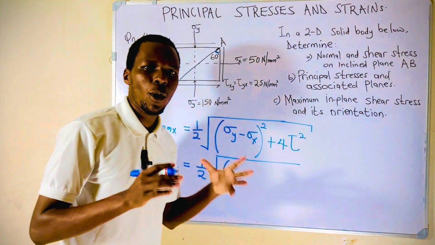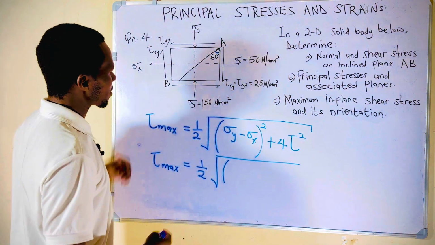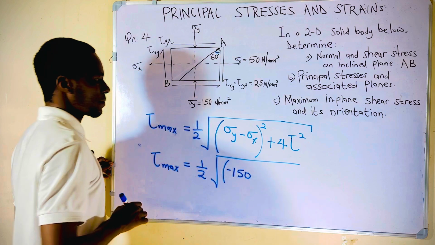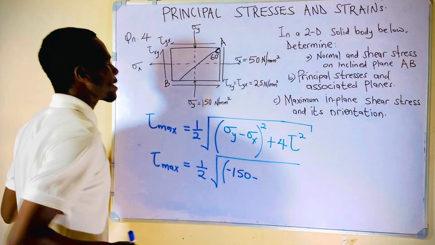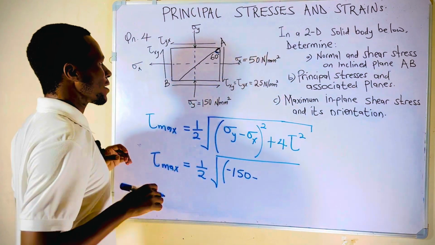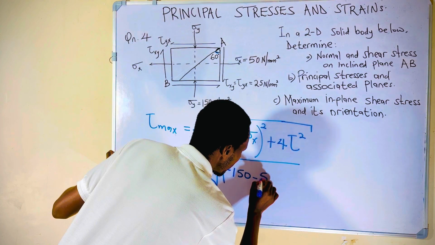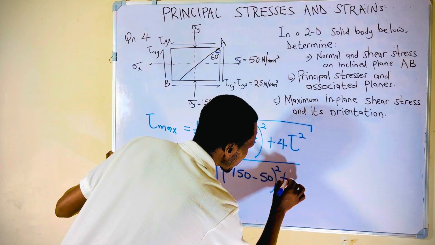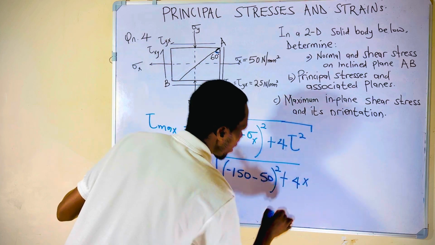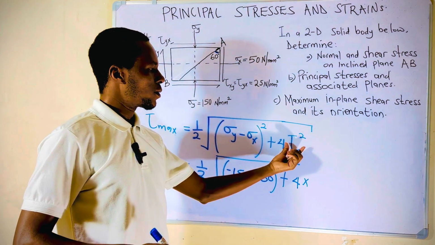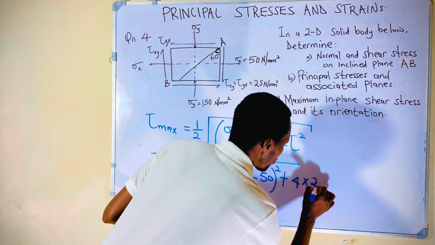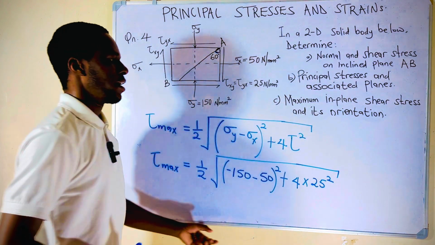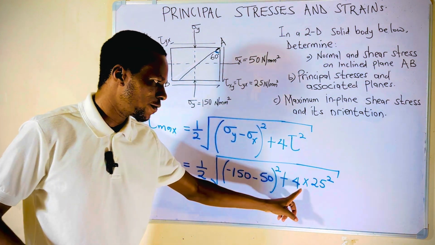What is sigma y? Because it is compressive, it is taken as minus 150, minus sigma x, because it is tensile, it's taken as positive 50. Everything here is squared plus 4 times tau square. So this is 25 square. Okay? Remember, it is only tau which is squared, not 4.